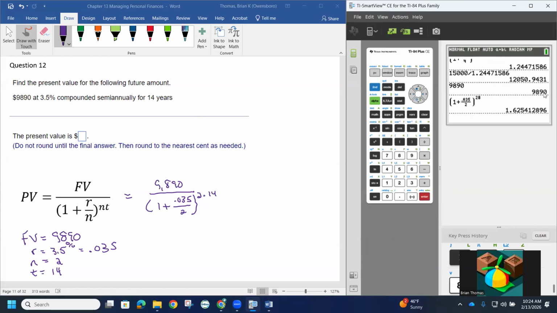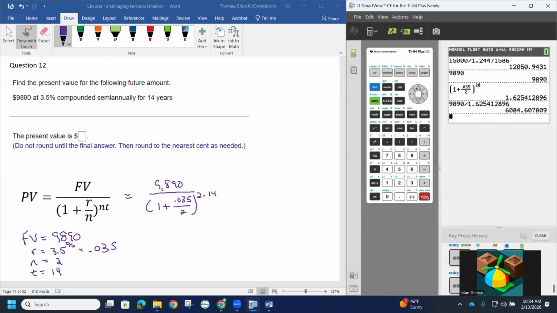Now I want to divide the numerator by the denominator. I use my up arrow and highlight the 9,890, hit enter to copy and paste it, divided by, go up to this number, hit enter. Now it's dividing those two values, and I'm getting $6,084.61.